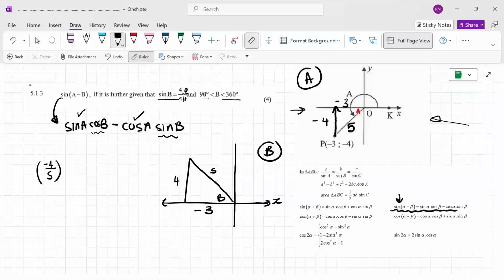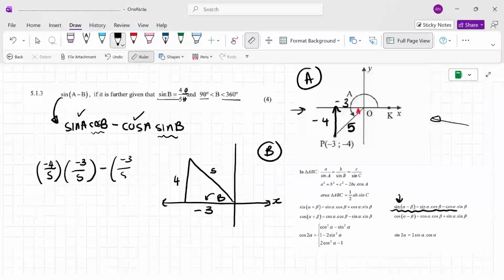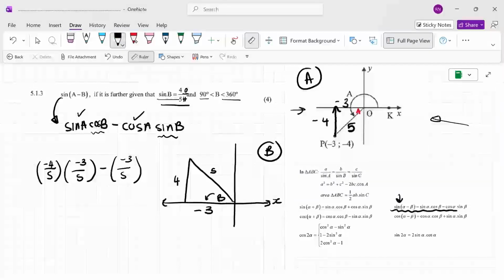That's fine. Cos B, now we're looking at B. Cos is adjacent over hypotenuse, so minus 3 over 5. Then cos of A, we found it before, to be minus 3 over 5. And then sine of B, which is already given here as 4 over 5. Right. So we're going to write this as 4 over 5.